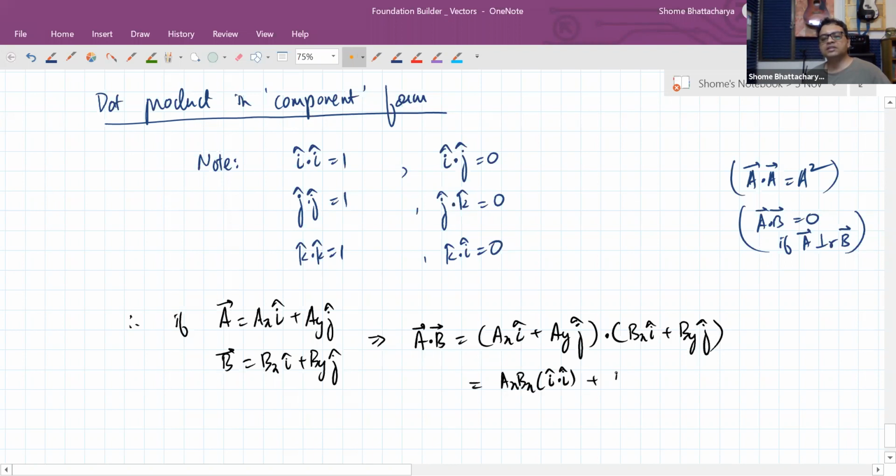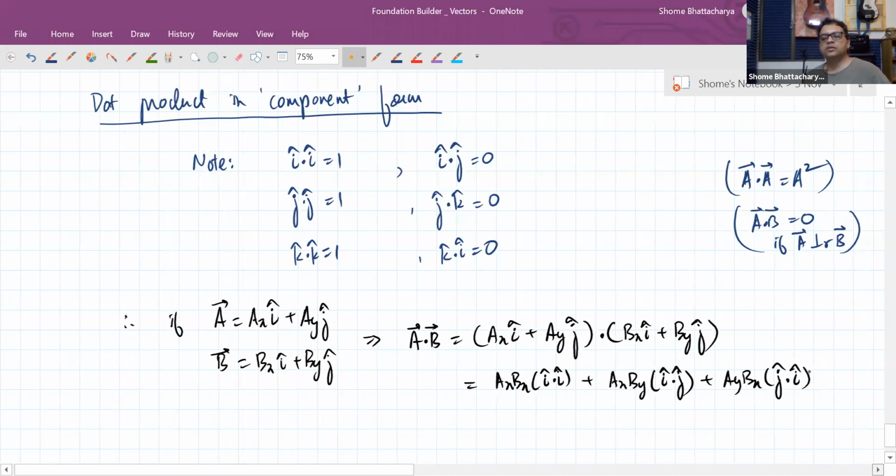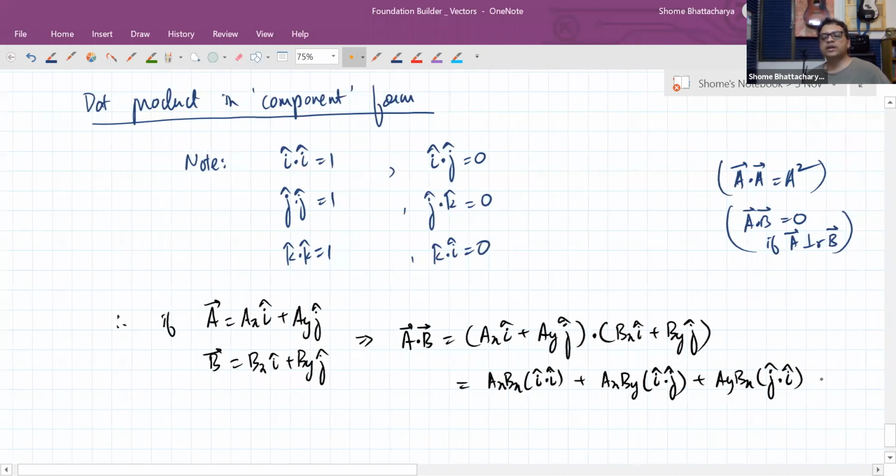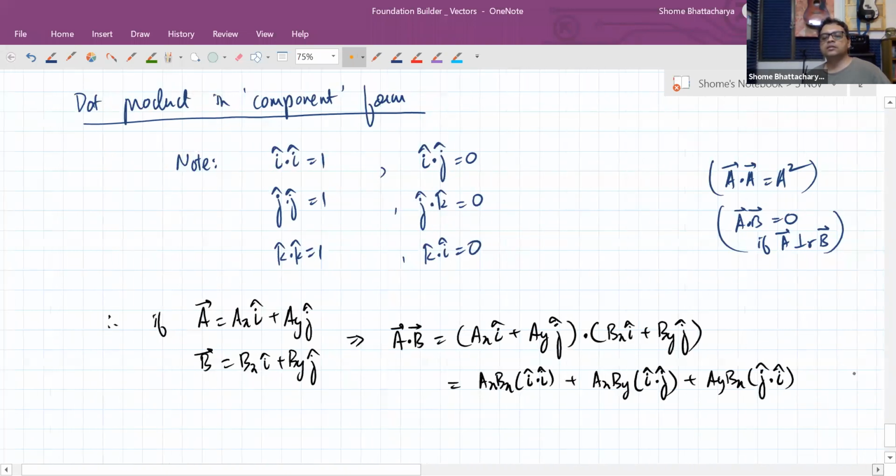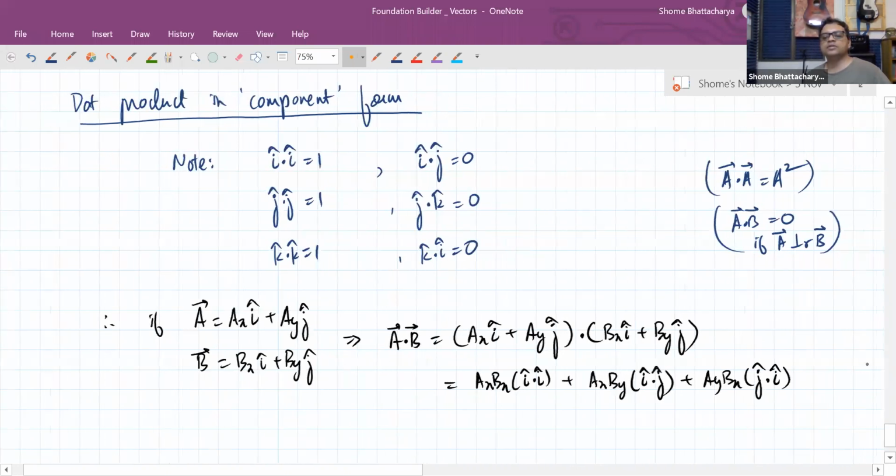Then it will become Ax into By, but dot product of i cap dot j cap. Then it will become Ay into Bx, dot product of j cap with i cap. And finally one more term, Ay into By, dot product of j cap with j cap.